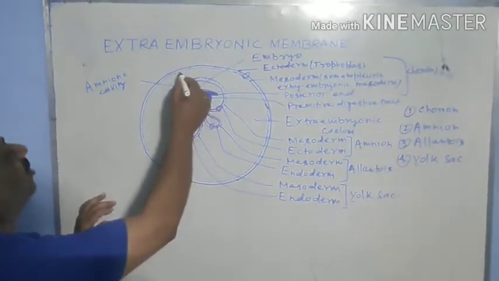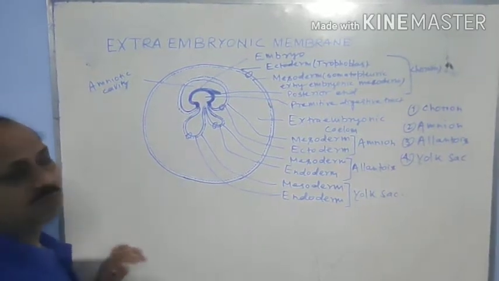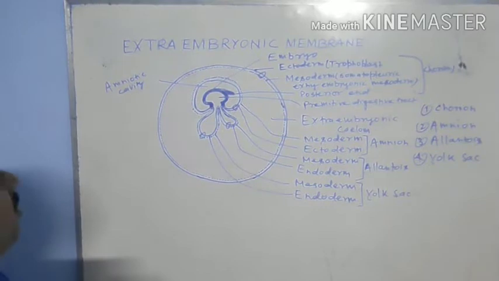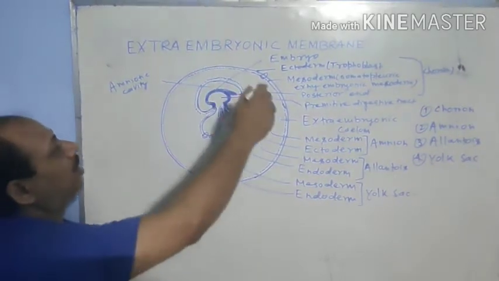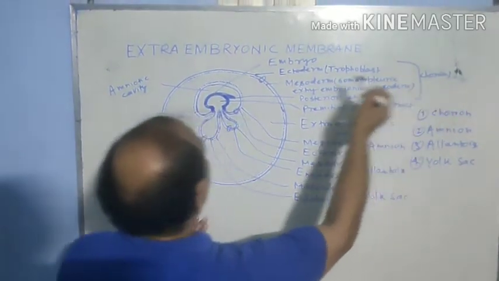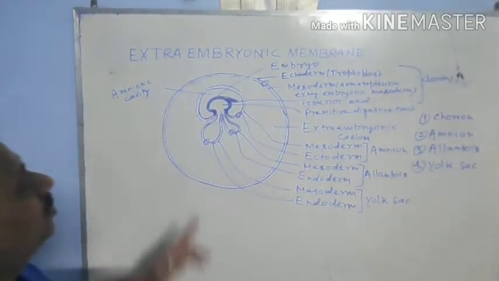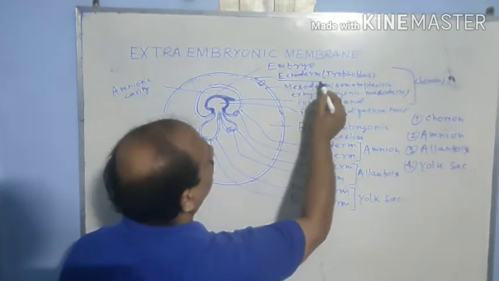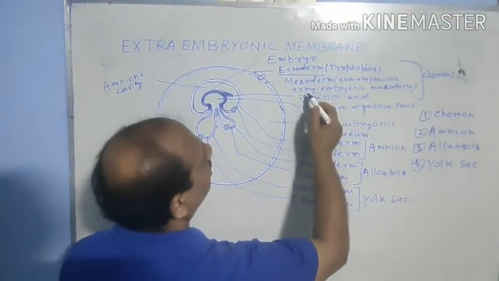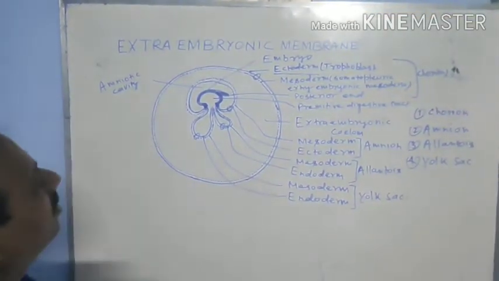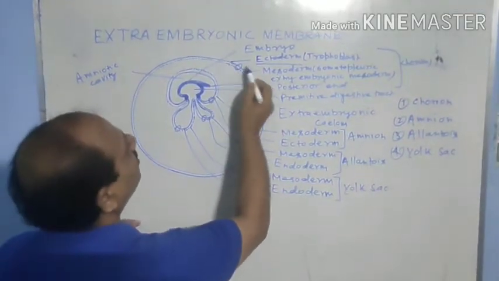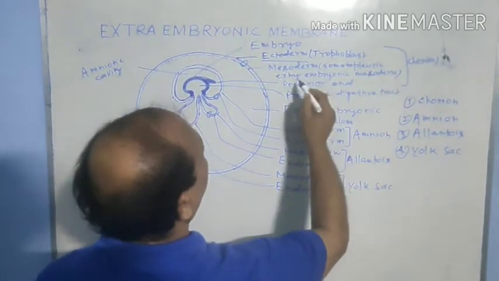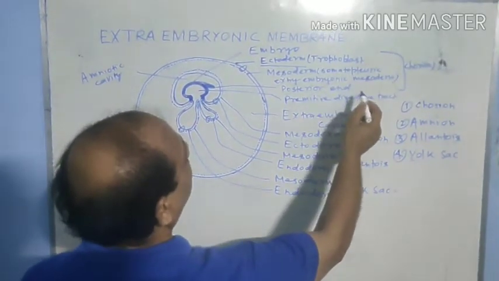This is the outermost extra embryonic membrane, known as the chorion. It consists of 2 layers. The outer layer is known as ectoderm or trophoblast, and the inner layer is mesoderm, the somatopleuric extra embryonic mesoderm.